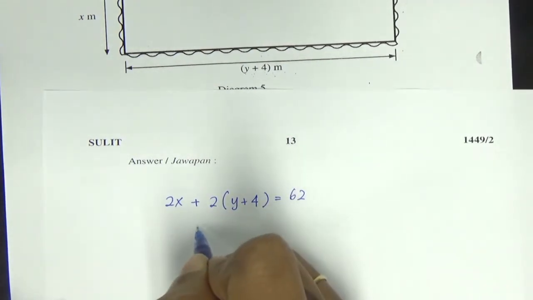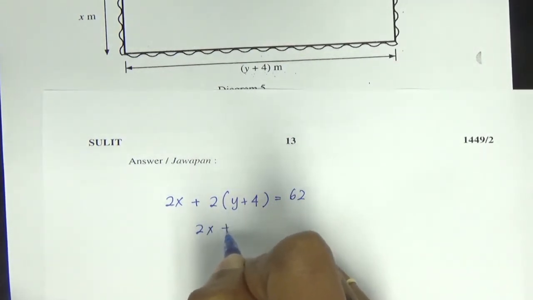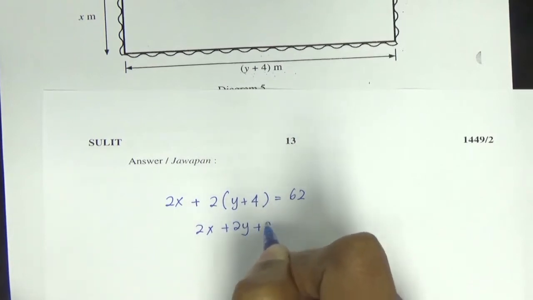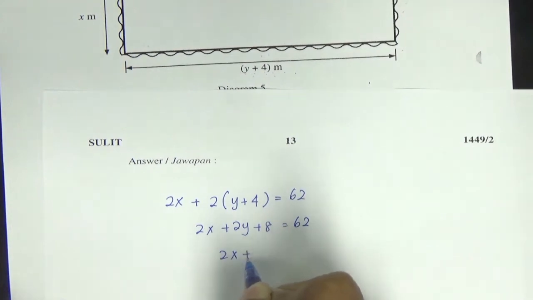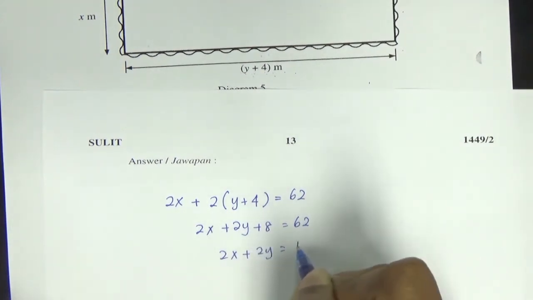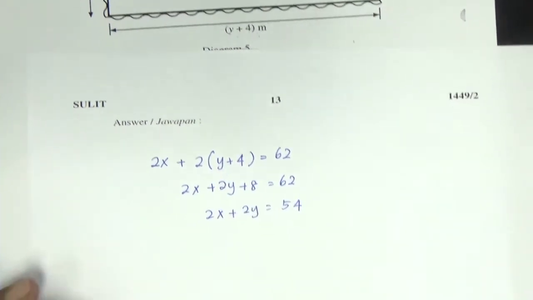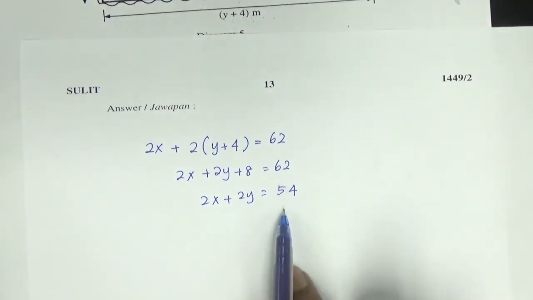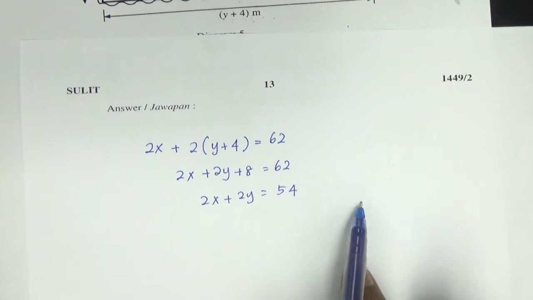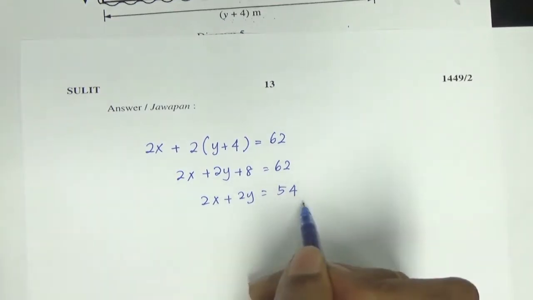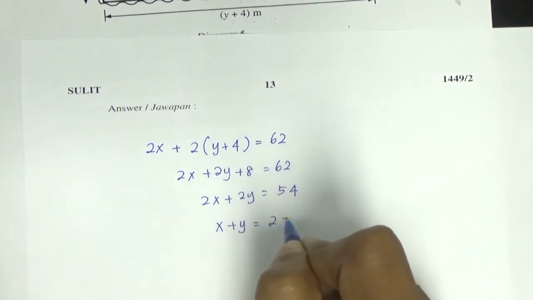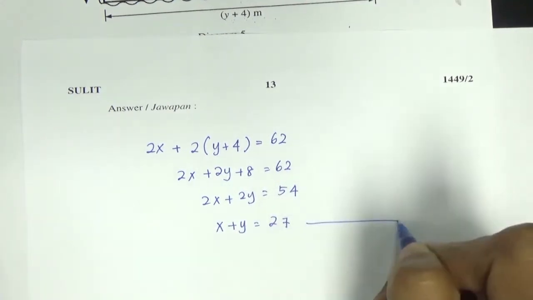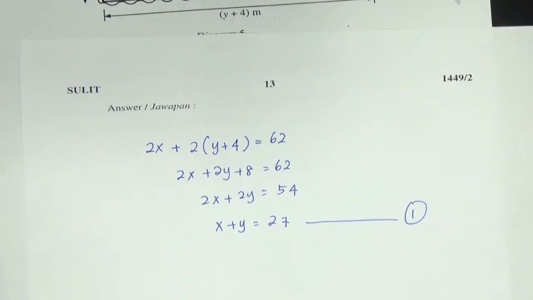So we can solve this. Okay. Now we can simplify this equation by dividing with 2. If you divide by 2, you will get x plus y equal to 27. So this is the first equation.